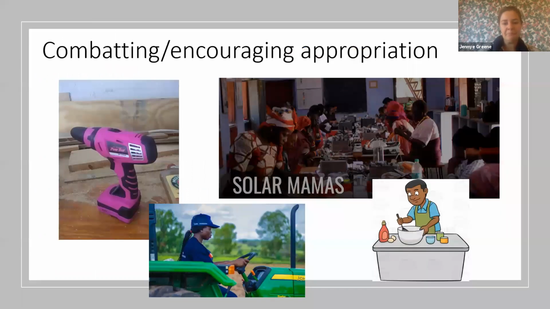Next slide. So here are some ideas I had about how to prevent bad appropriation, or encourage positive appropriation. I think you see in the top right corner, the solar mamas, based off the Barefoot College model, where women, usually middle-aged or older women, sometimes with very low levels of literacy, sometimes not even sharing a common language, are able to learn how to assemble and repair small PV systems.